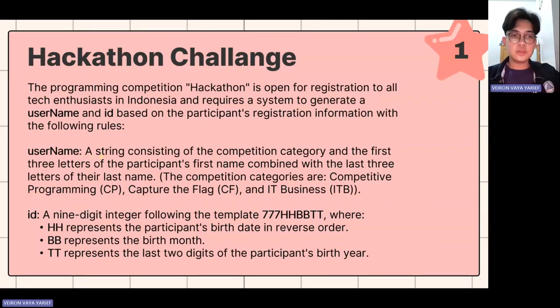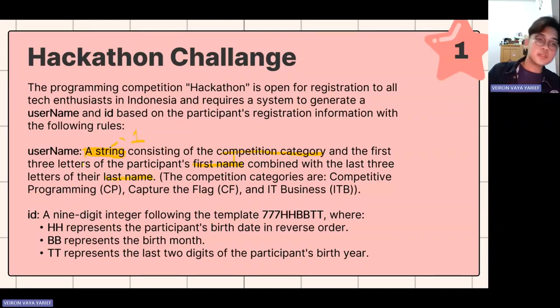Username: what do we need to do with username? A string consisting of... from the first letter, we already know what we need to do. The output will be one string, consisting of the competition category, the first three letters of the participant's first name, and the last three letters of their last name.